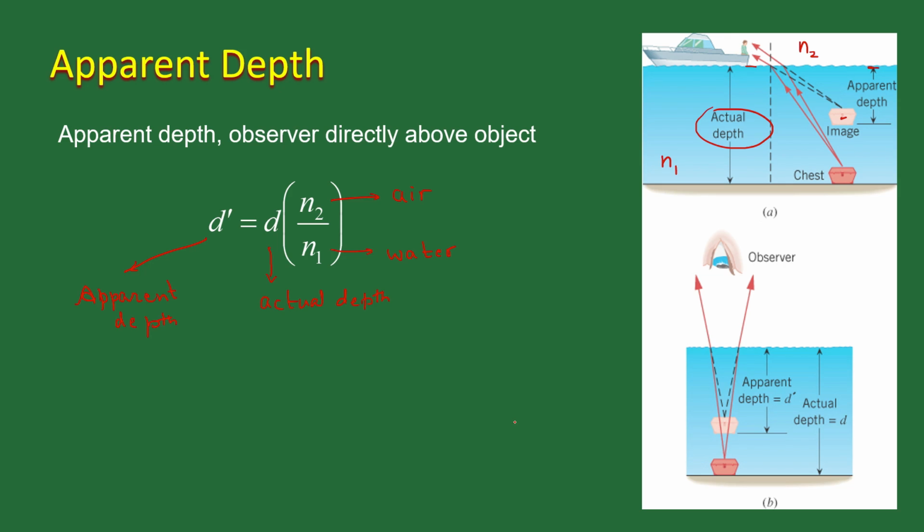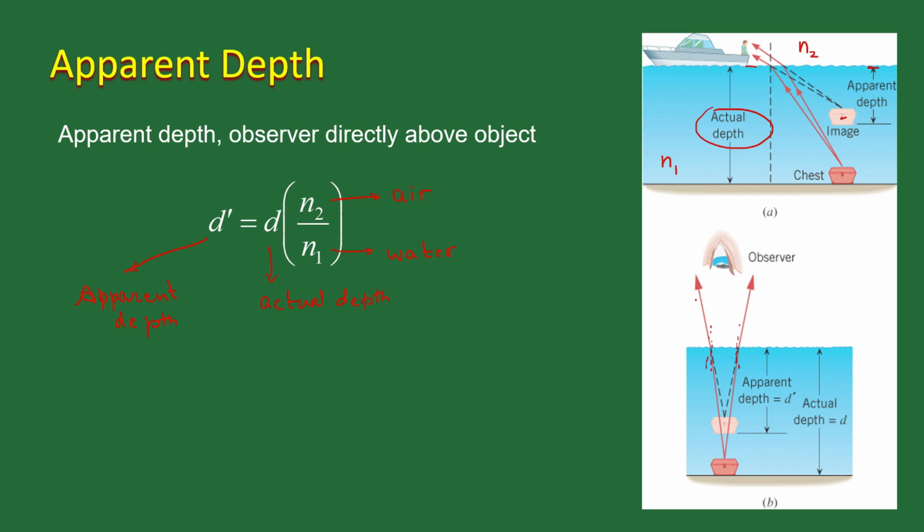Okay, so here is another example. When the light rays originating from the object go out of the water in air, they are bent away from the normal. So you would have a normal here, and it's bent away from the normal.